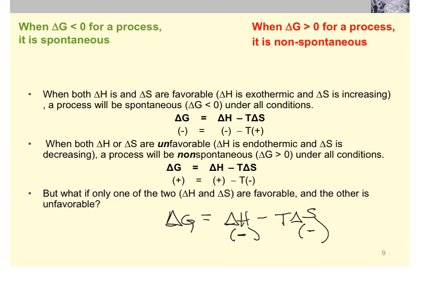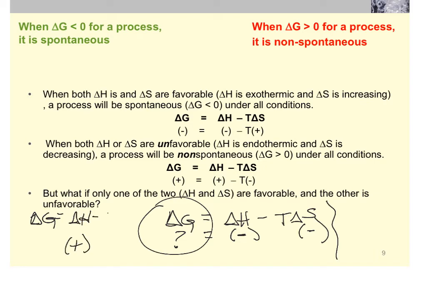If they both have the same sign, both positive or both negative, we can't intuit until we have exact numbers whether delta G is going to be negative or positive. And that is the same if we did delta H unfavorable and delta S favorable. If they were both positive, same situation. You wouldn't know if delta G is spontaneous or not.